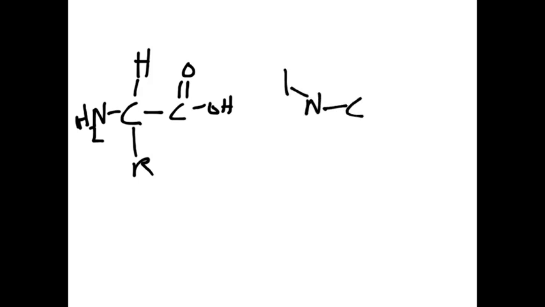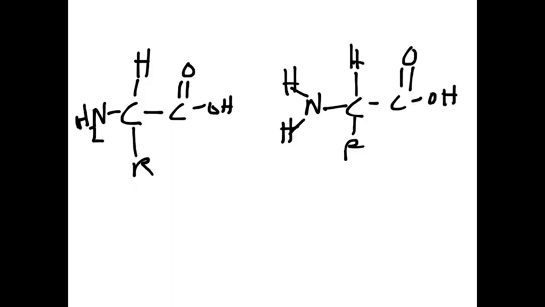You typically always draw the amino group, the NH2, on the left, and the carboxyl on the right. So when these molecules are being bound together, the carboxyl group will lose an OH, and the amino group will lose a hydrogen.